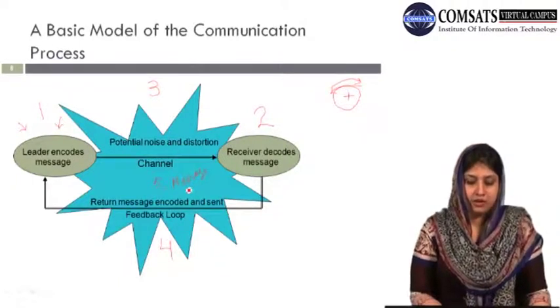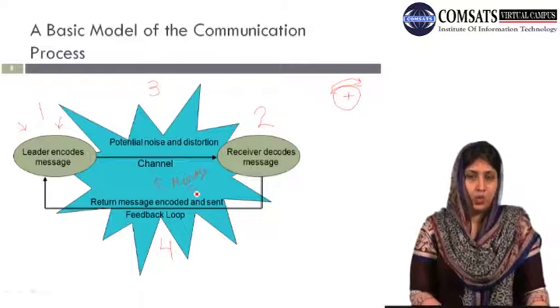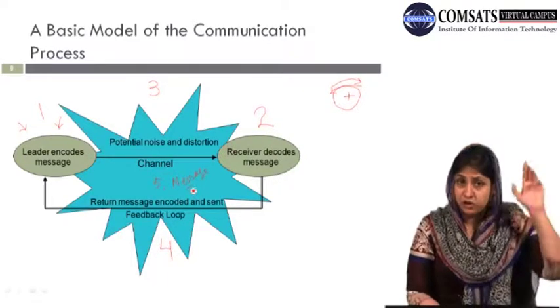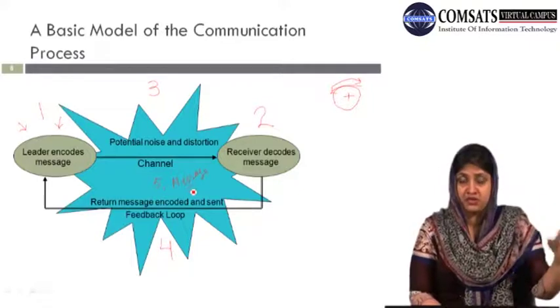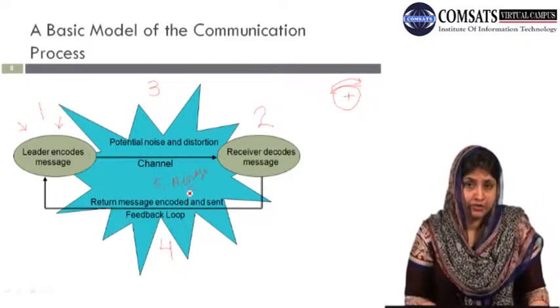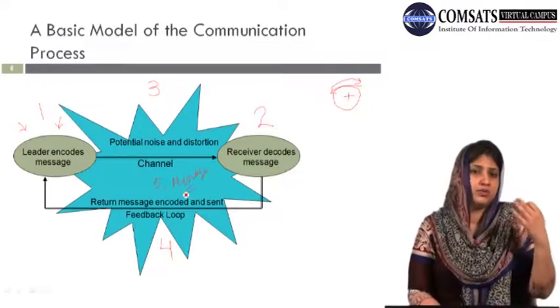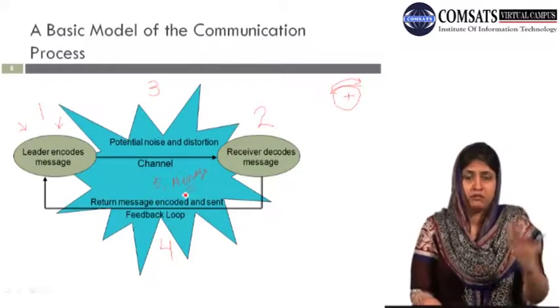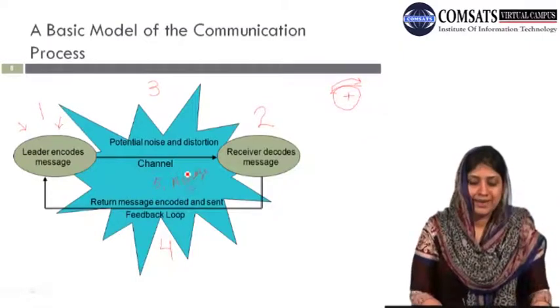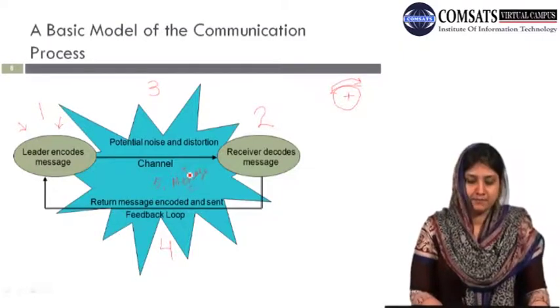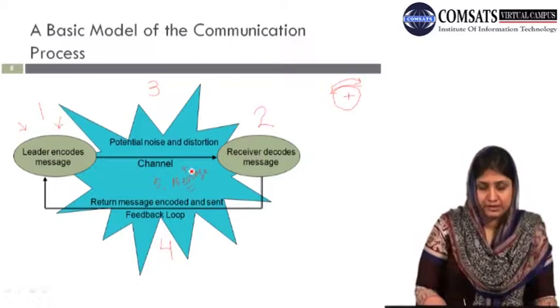So, first of all, we need to understand what the message is, and we have to think about and decide about all those things related to the message that we discussed in the first lecture. The value of the message, the nature of the message, the formal and informal, the audience who is going to get the message. And once we are clear about this aspect, then we talk about the process.